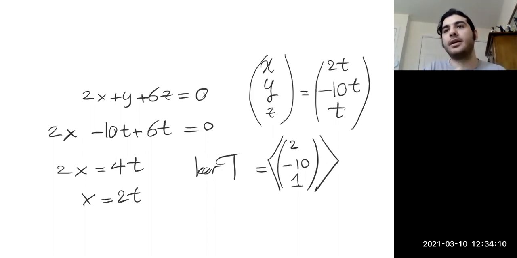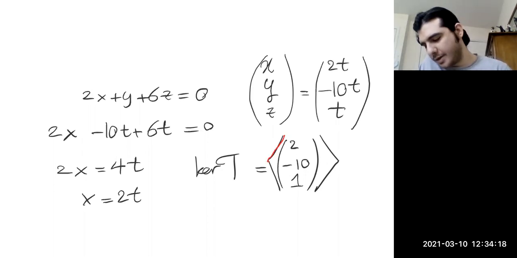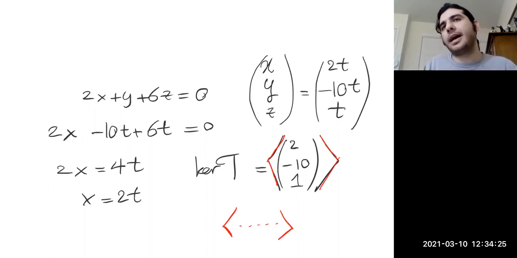And that would be the kernel. Okay, any question here? So this notation usually means a span. I wouldn't write span anymore. When I add this thing, that means the span of the vectors inside that.